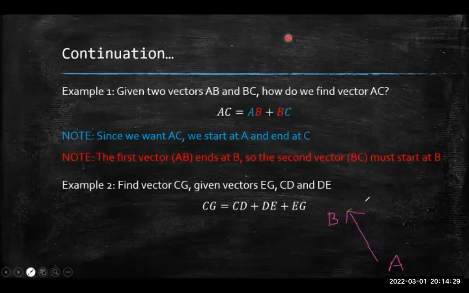I'm starting the second vector from the end of the first vector, so the second vector is B going towards C. Let me show you the blue one. This is my resultant vector AC: I'm starting at A and ending at C. That is why your starting point must be A and you must end with C. Do you understand that?